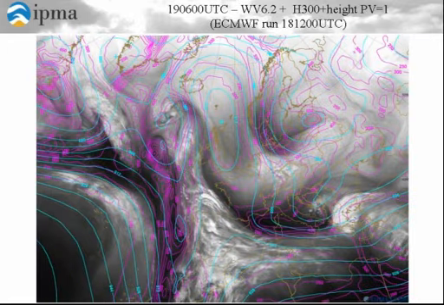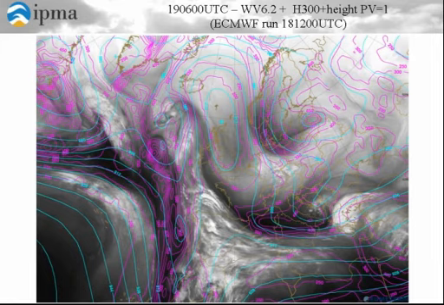Another way to check, of course, is to use the height where potential vorticity equals 1 PV unit, and you can see the dry intrusion over here with high values of potential vorticity. So it's a fine way to see the upper air dynamics, and a fine way to start to analyze the situation of the day. And of course, checking also the model performance.